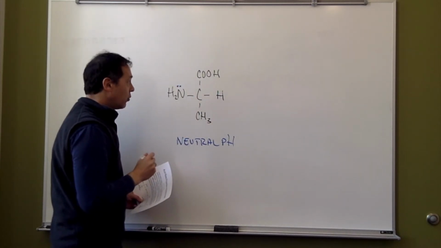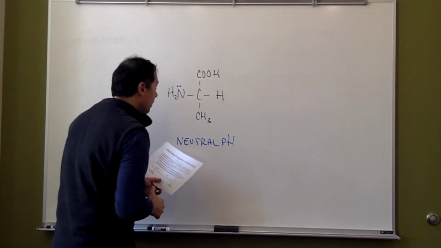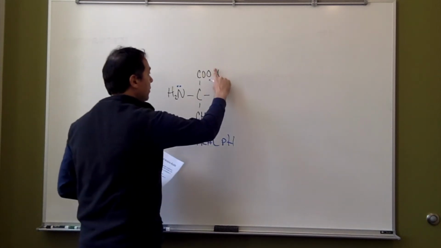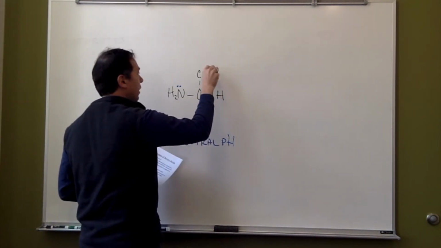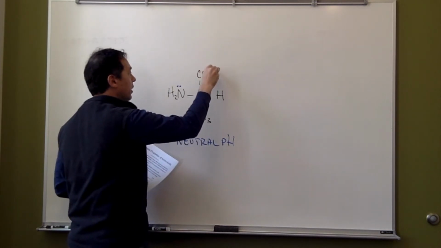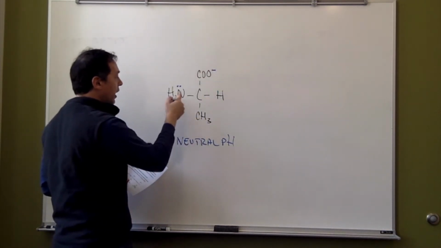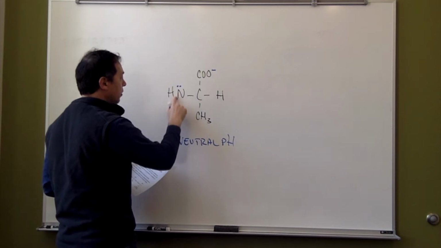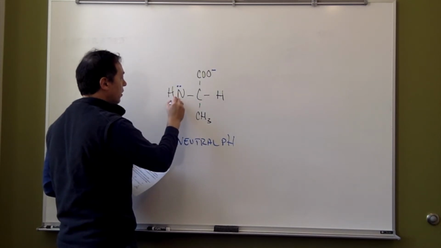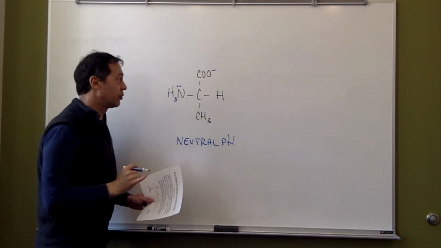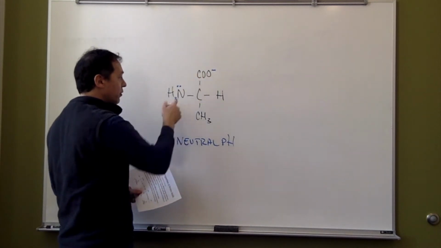And so what this ends up looking like is this. We're going to take this hydrogen off of here. That makes that negative here. And then we're going to add another hydrogen here. So I'm just going to go like this. I'm going to make this NH3. Okay, so that's at a neutral pH. We just take a hydrogen from here and move it over there.